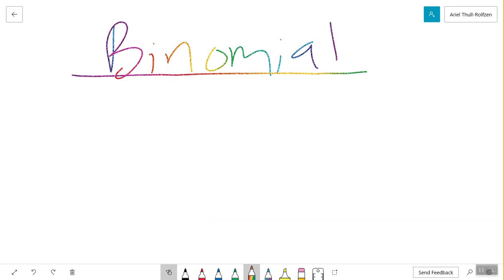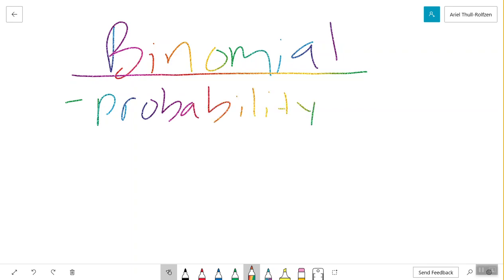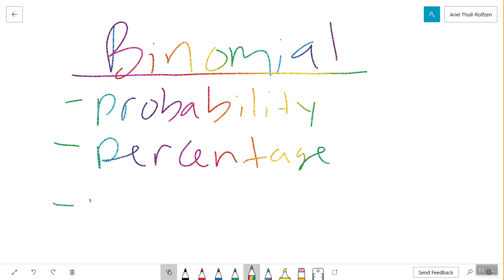So if it's binomial, they're going to give you either a probability, a percentage, or a way to find the probability or percentage.